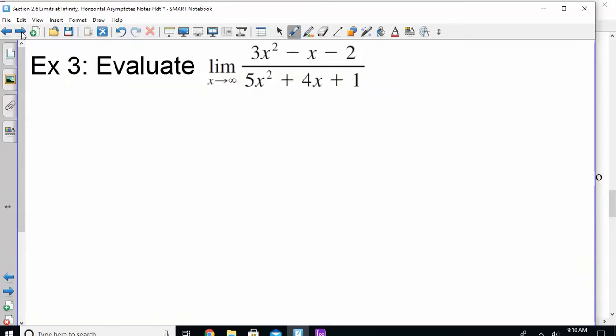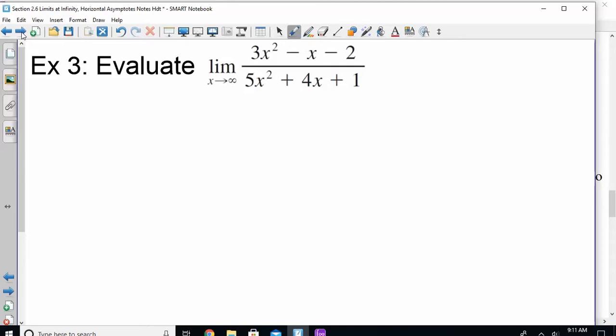Now let's talk about how in the world I would evaluate something like this. Because that's a little bit uglier. That's just not 1 over x. We could graph it, but is that something I can count on the test? No. So I have to have an algebraic way of getting there. What we can do is manipulate this equation to get something that we can simplify.